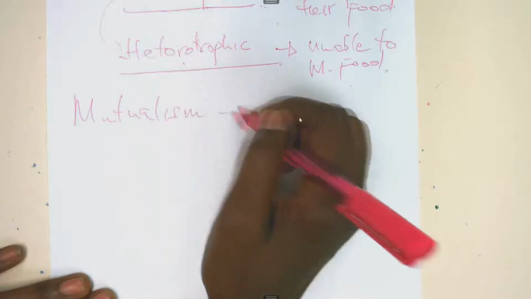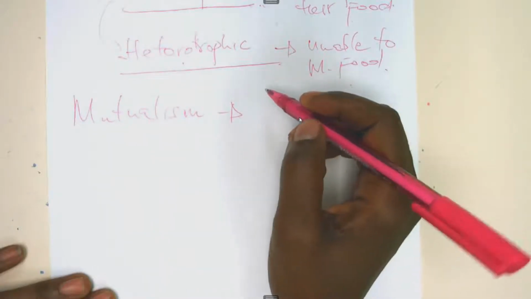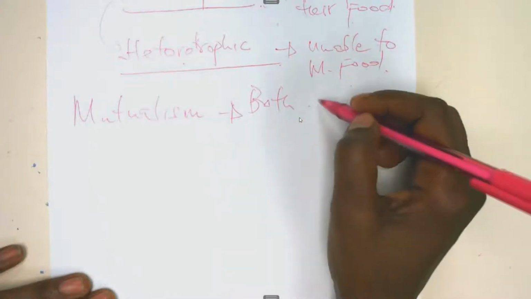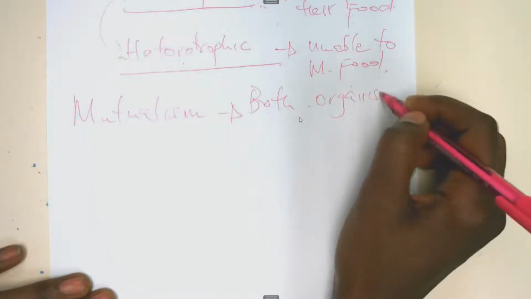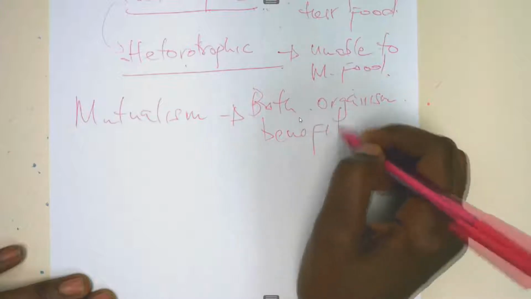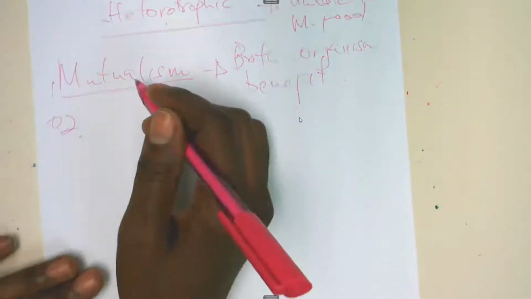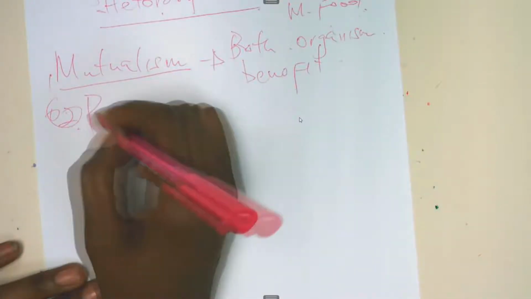Mutualism is where both organisms in the relationship benefit. And then the second type of these relationships is parasitism.